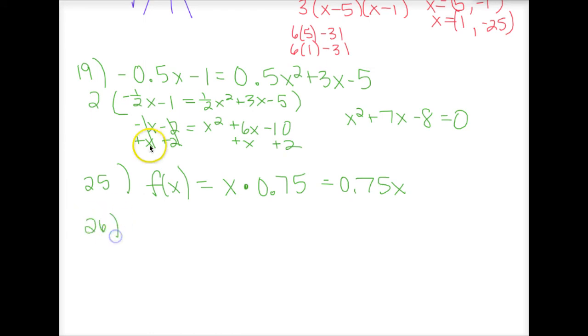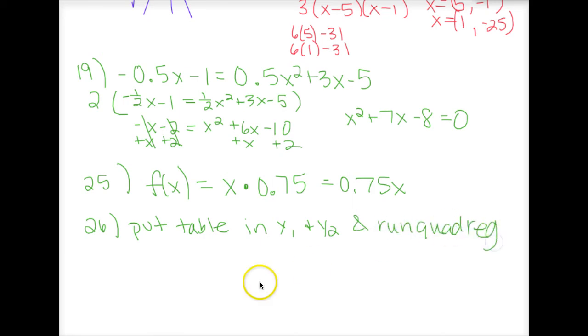For 26, you have to put the table in your y1 and y2 and run a quad regression. That is how we got 0.015x squared plus 0.15x. It's from the calculator, from running the quadratic regression. The only thing left to do then is make sure you can do 28, which is the algebraic explanation of those.